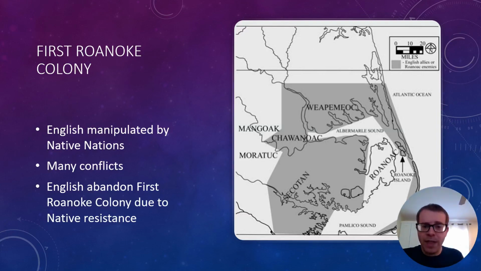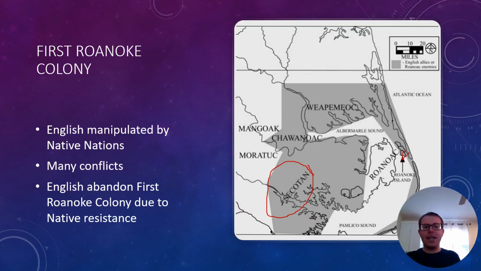The English there quickly get, like the Spanish and like the French, involved in local political disputes with a variety of different native nations that existed on the outer coast of North Carolina. And so there's actually a brief trade dispute with a group of people called the Secotans, who lived down here, southwest of the English settlement, which was here on Roanoke Island.